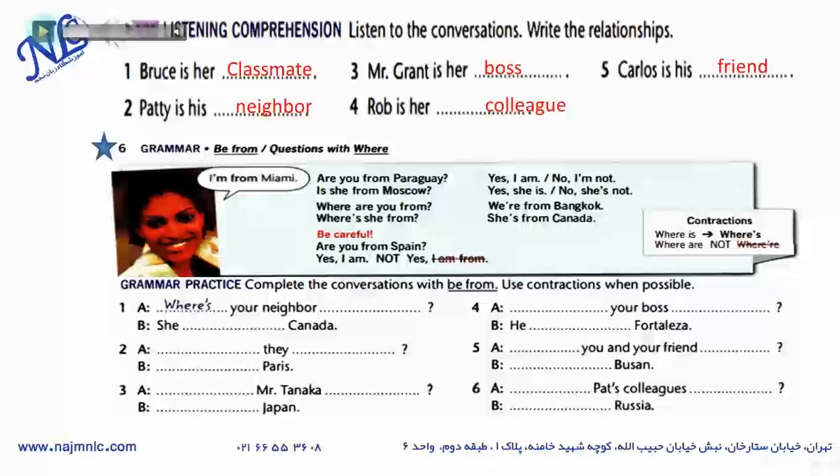Mario, this is my boss, Mr. Grant. Hello, Mr. Grant. Repeat, please. Thank you. Nice to meet you. Nice to meet you, Mario. Okay, repeat. Nice to meet you, Mario. Thank you. Number 4. Conversation 4. Is Rob your classmate?